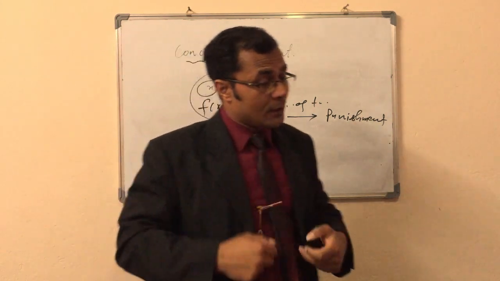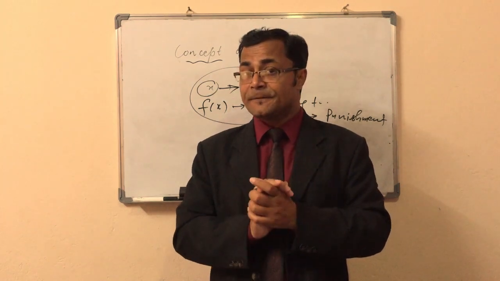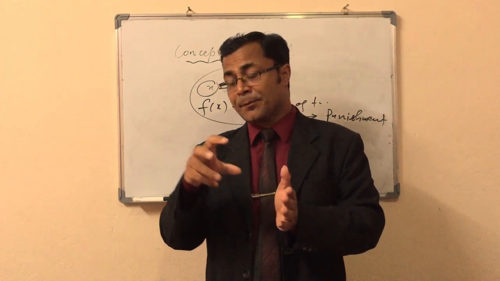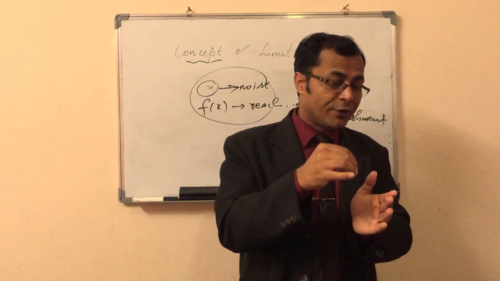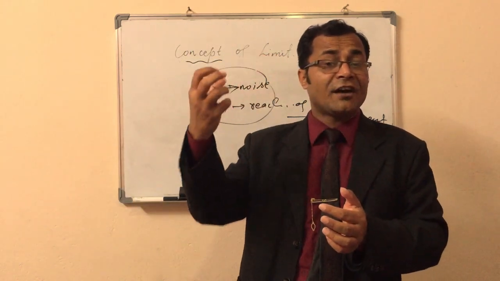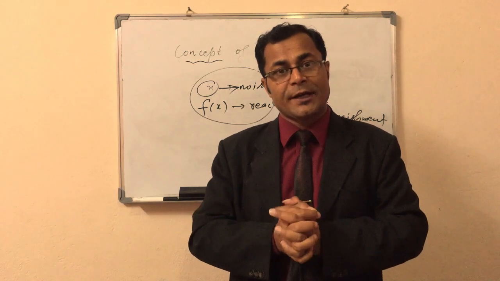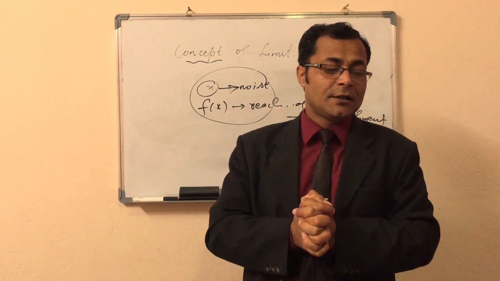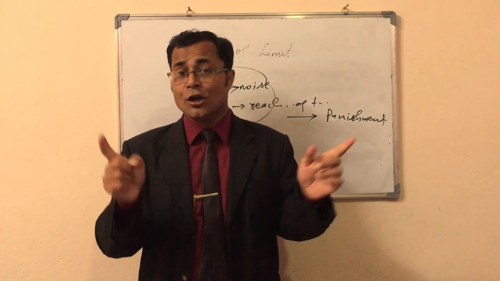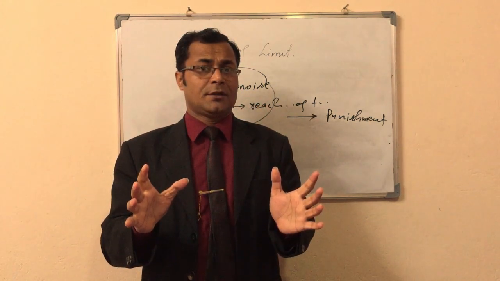And last but not least, limit is everything, as I said earlier. It is the path, the source of motivation. It is the ultimate ray of light that controls our entire universe. So please try to understand these things and get the ideas of limit, dear students. Don't be confused. It's very clear, very simple.